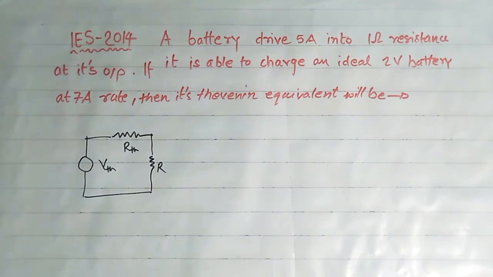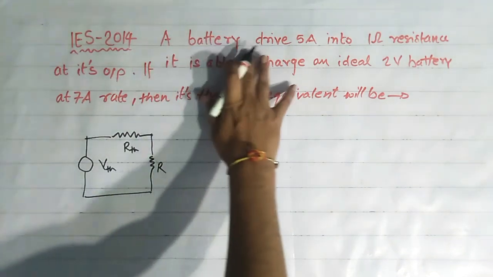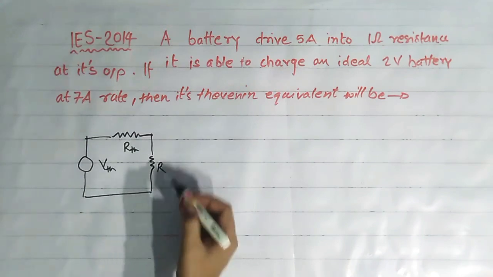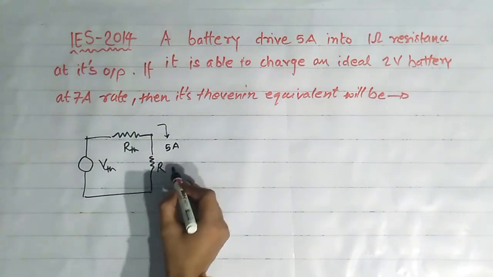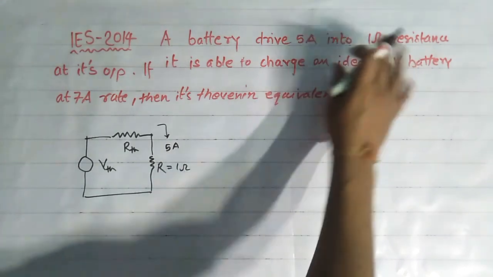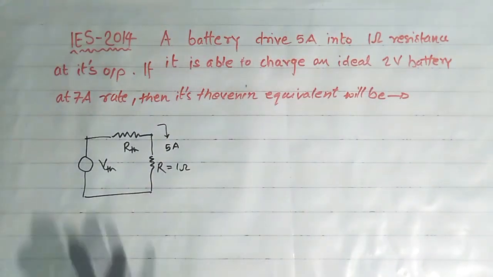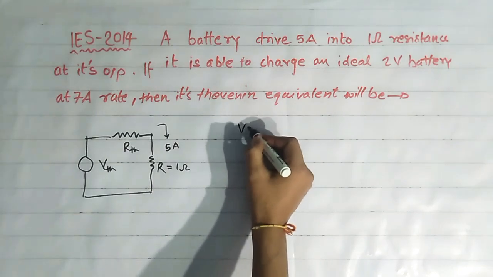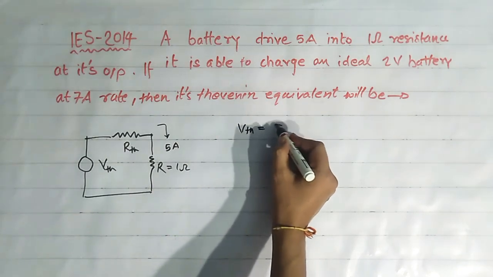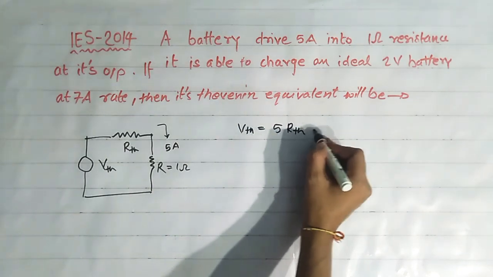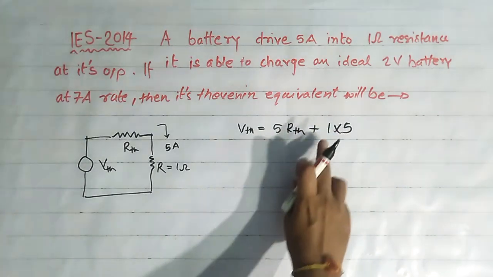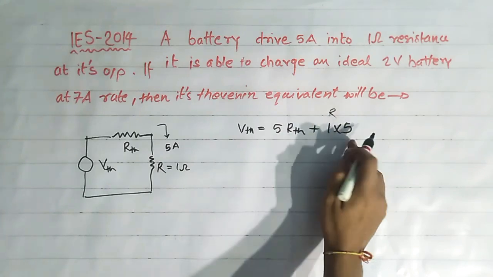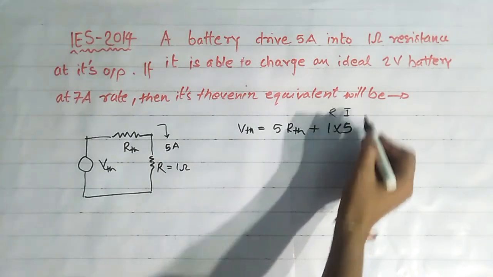Take the first case, a battery drives 5 ampere current. It means current is 5 ampere and resistance is given as 1 ohm. So for this case we can write VTH is equal to 5 RTH plus 1 into 5. This 1 is the resistance R and 5 is the current.